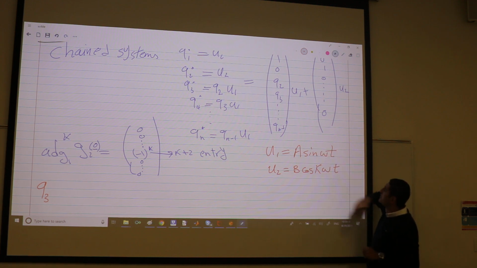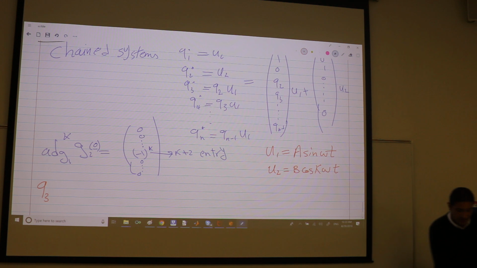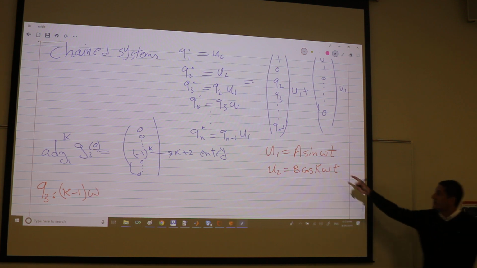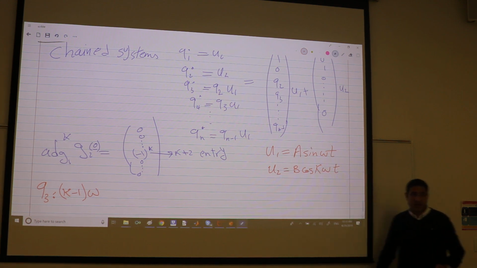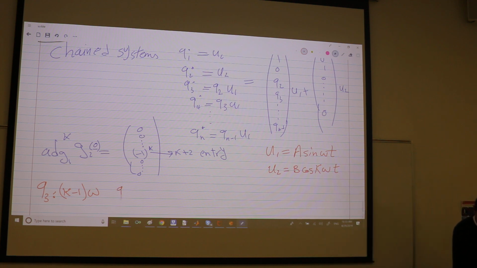Addition is always higher, so let's focus on subtraction here. Q3 will oscillate at k minus 1 omega, because it's the first order Lie bracket. It's just multiplication one time, so you get the addition and subtraction frequencies. Q4 will oscillate at k minus 2 omega.